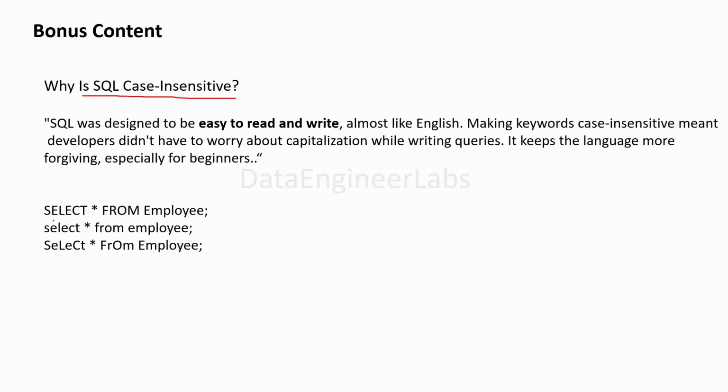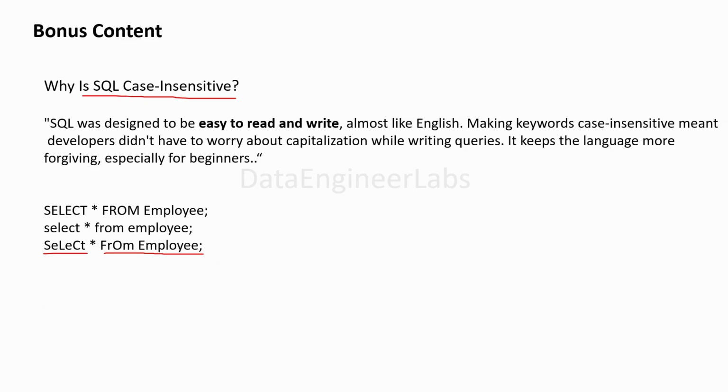So for example, we have 3 commands here: select star from employee, where select, from and E of employee are uppercase and the rest in lowercase, and it will work fine. And even if we do select star from employee, everything in lowercase, then also it will work very much fine. And even if you see the last statement where we have very random uppercase and lowercase, it will work fine.